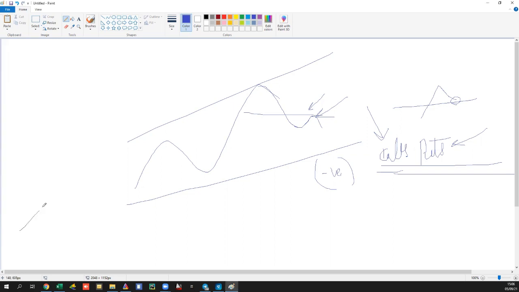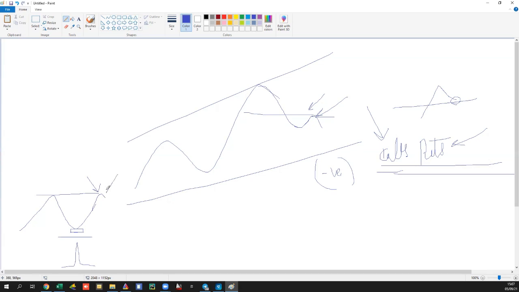The write-up only says, if there is a move here and there's a lot of volume, right? This has now been established as a support. When we go up and at this resistance, we need to see what is the strength of the sellers. Let's suppose the prices turn back from here.